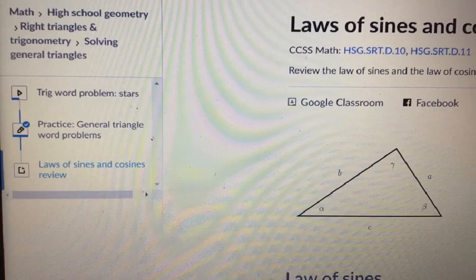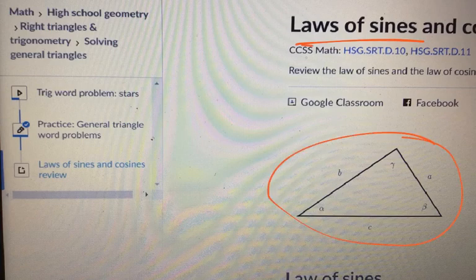Because remember, what's cool about these notes, guys, is not only do they give you good notes, but there's always in here practice problems that will clarify and make sure you understand the notes well. Okay? So please do the notes after you do the practice that I just did the video on.